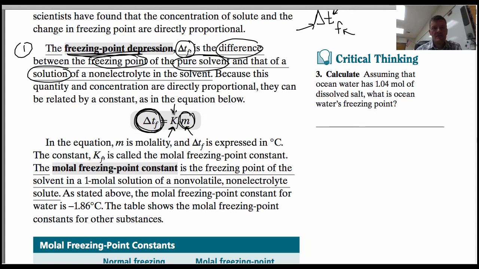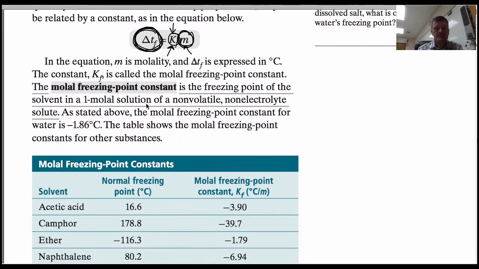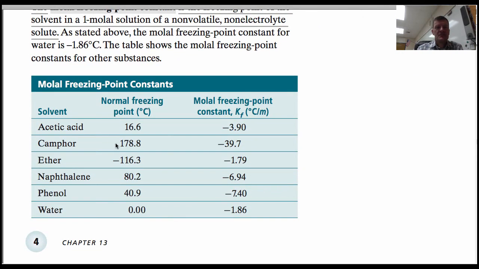Okay? So just three things. This constant will always be given to you. The molal we can find because it's the number of moles of the solute over the kilograms of the solvent, and that's going to tell us how much the freezing point has gone down by. These different constants will be given to you, as I mentioned. So you'll see here, let's take water.